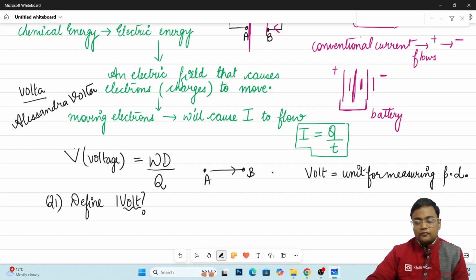How much voltage, how much potential difference is there between the ends of the circuit? That gives you the number of volts. So define 1 volt.